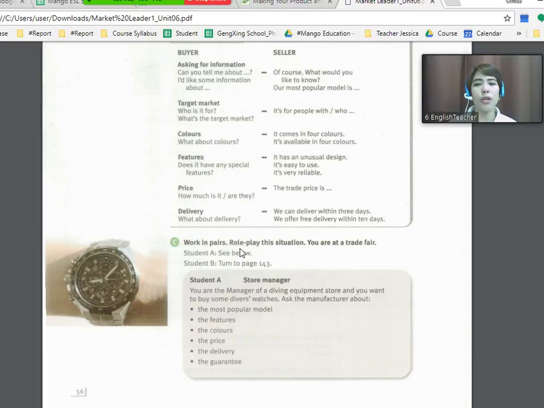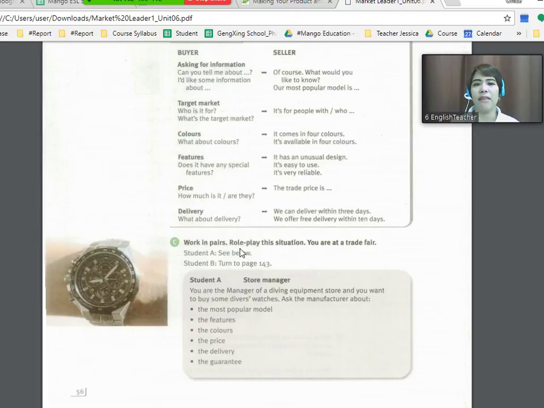So, if you want to buy products, please consider asking these questions before buying a product. And if you are the seller, of course, try to give very detailed information on your products so that you will be sure that the customer is interested and is willing to buy it.